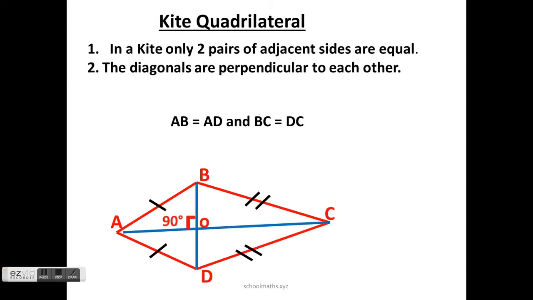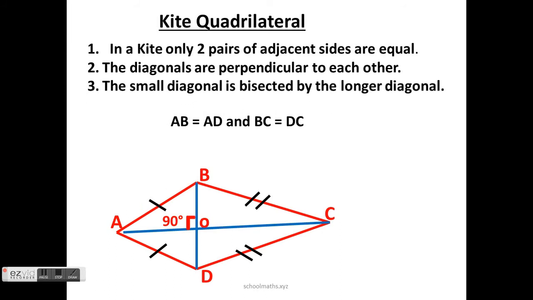Both the diagonals are perpendicular to each other. See the angles inside the figure, each angle is 90 degrees. The small diagonal is bisected by the large diagonal. How is that? BO equals OD. Small diagonal is bisected by the large diagonal.